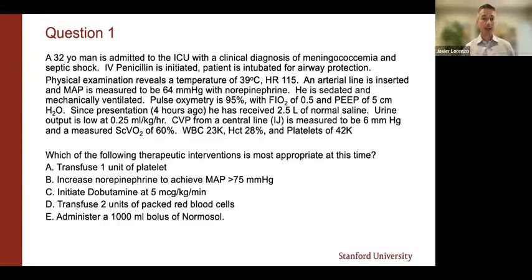So I'll tell you that for some of these questions, we might want to increase your oxygen carrying capacity by giving blood, but there's no evidence that a hematocrit of 28 does better than a hematocrit of 32 or 35 in septic shock.